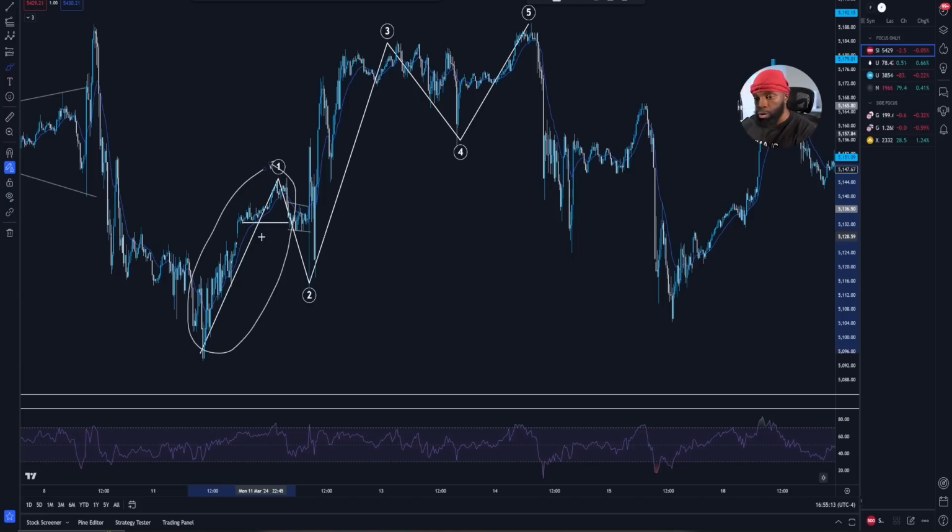So if you go into a smaller scale, like a 5-minute time frame, and map this out, 1, 2, 3, 4, 5, 1, 2, I'm not really doing the math right now, I'm just trying to give you a pinpoint. But if you can find an idea of where wave 1 all the way up to wave 5 can end, and you can figure this out, that's what we're going to talk about in my next videos.